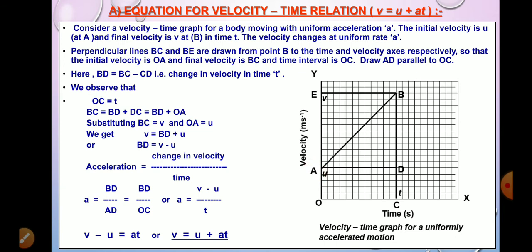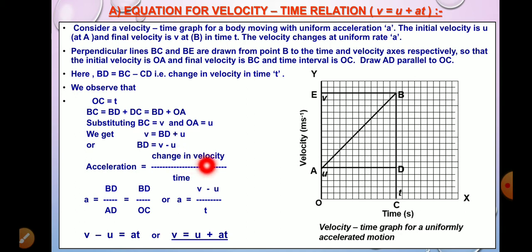Now the slope of this graph AB gives us the acceleration of this moving object. The slope of the graph is nothing but acceleration. So acceleration is equal to the slope, BD divided by AD. What is BD?